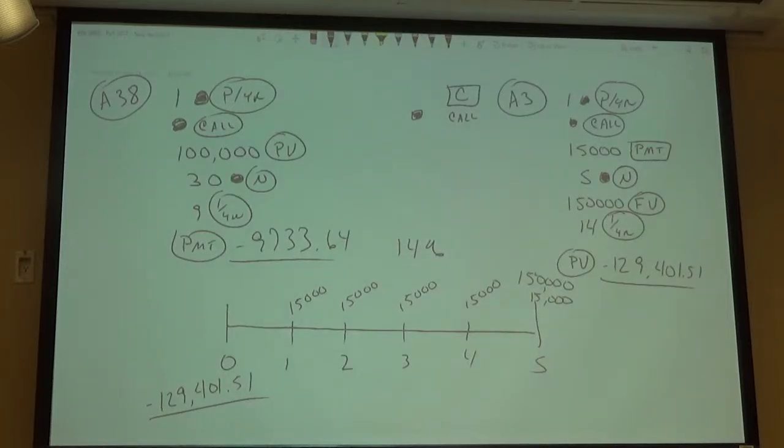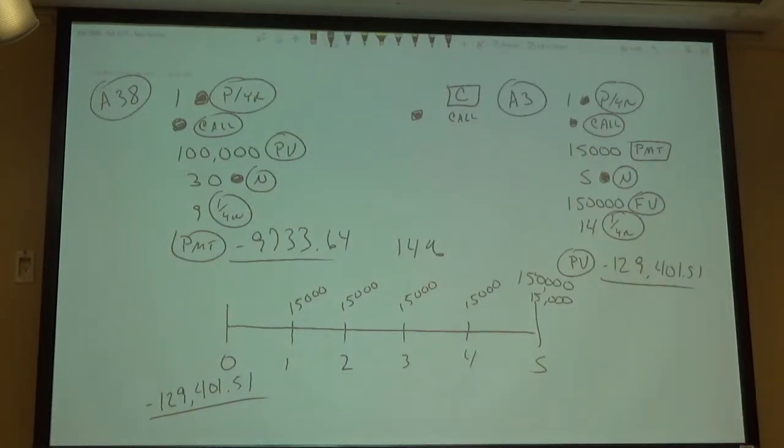I'm throwing that term out there because we're going to be talking about it. There's a difference between operating income versus residual income, or reversion value. The reversion value is 150,000. So we have $15,000 a year of operating income, $150,000 of reversionary income.